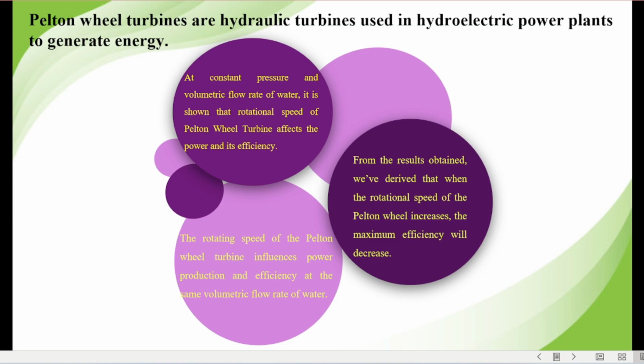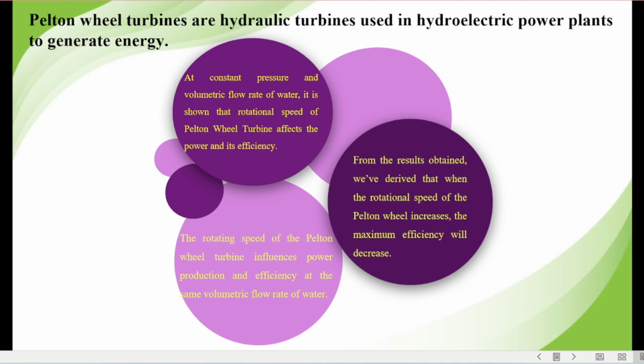There are three major outcomes derived from this experiment. First, at constant pressure and volumetric flow rate of water, it is shown that the rotational speed of the Pelton wheel turbine affects the power and efficiency. Second, from the results obtained, we derived that when the rotational speed of the Pelton wheel increases, the maximum efficiency will decrease.